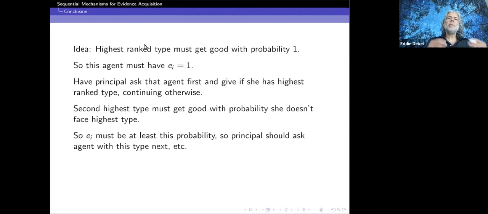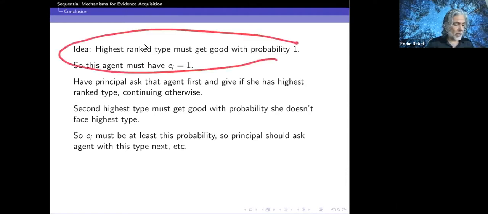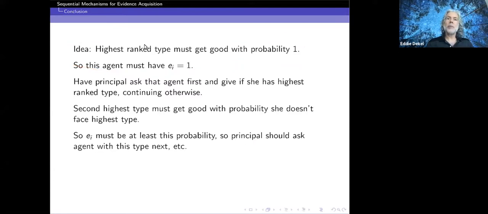That means that the probability that they're being asked is the probability that we didn't already give it. And that's the probability with which we're giving it to them. So their E_i is going to be greater than that P_i of V_i, which is their maximal V_i, because we're going in sequence. And we continue in that order.